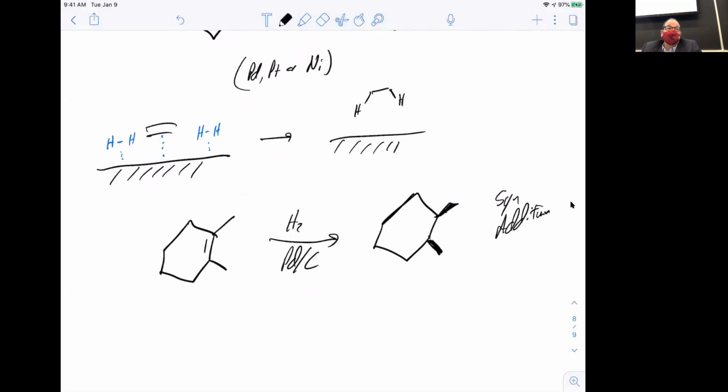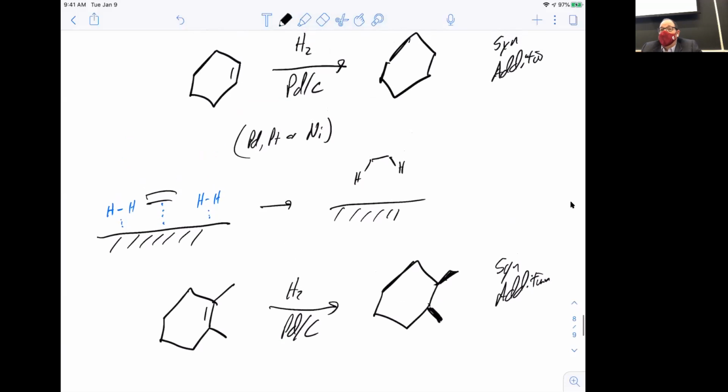Questions about that one? Again, you don't need to know the mechanism on this one. You need to know why it's syn addition. Both hydrogens are coming from the same side since the alkene absorbs to the metal surface, similar to the osmium tetroxide and the manganese oxide. Both oxygens are coming from the same side, giving us syn addition.